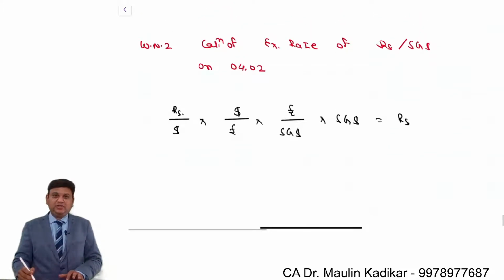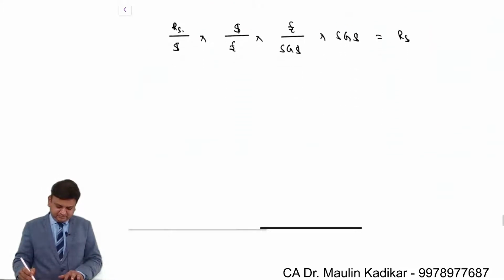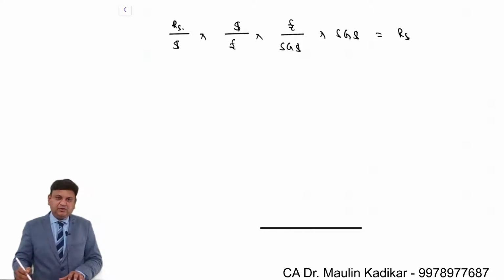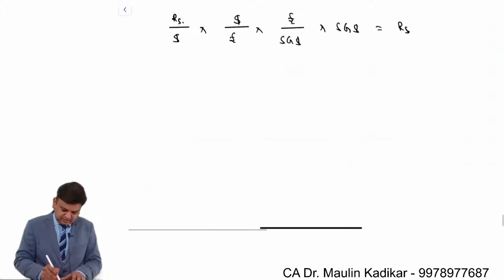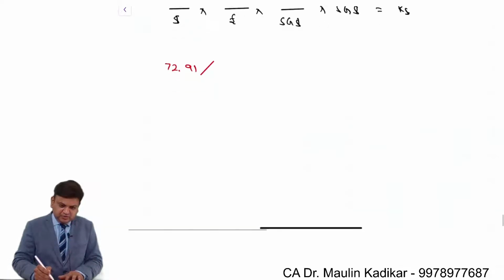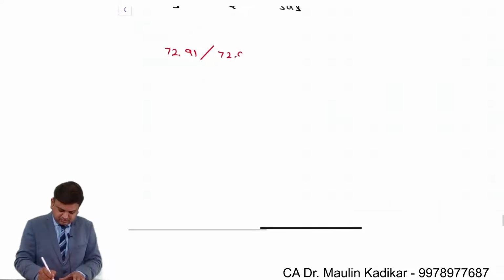The formula is going to remain the same. Now I want rupees per dollar. The same is given to me, 72.91 slash 72.97 rupees per dollar.